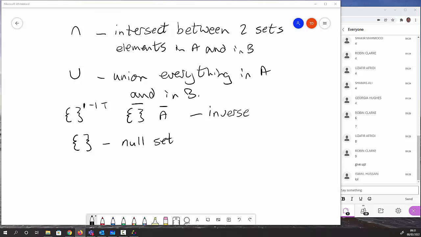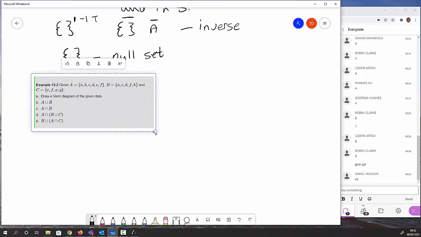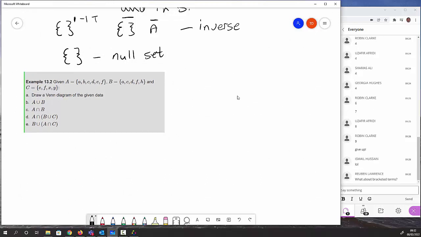So let me do an example. Okay, so we've got A, B, and C, and they want us to draw the Venn diagrams of those things. So we've got A union B. So obviously A union B is equal to A, B, C, D, E, F. That's fairly straightforward.